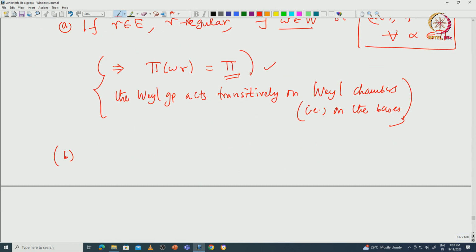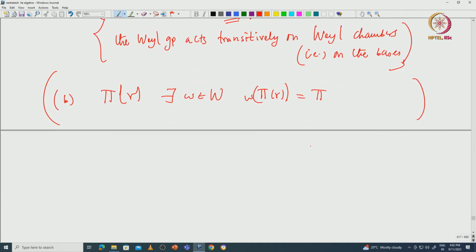If we take pi dash to be another base, then there exists W such that W of pi dash will be exactly pi. From this we can conclude the second statement. Given pi dash, which is exactly pi of gamma, there exists W in the Weyl group such that W of pi of gamma is exactly pi.